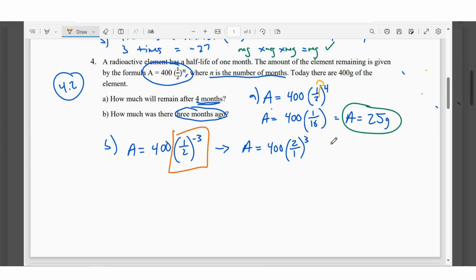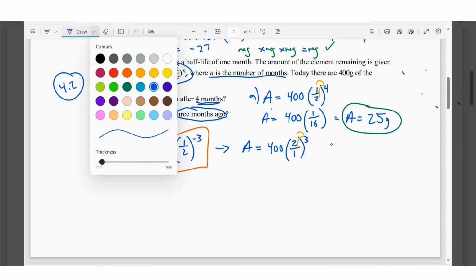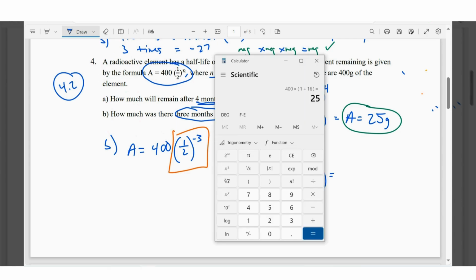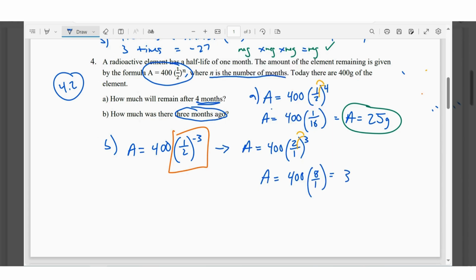And we can distribute the 3 inside. We get the amount equals 400 times 2 to the power of 3, which is 8 over 1. And now we just have 400 times 8, which gives us 3,200. There you go, 3,200 grams of the element.